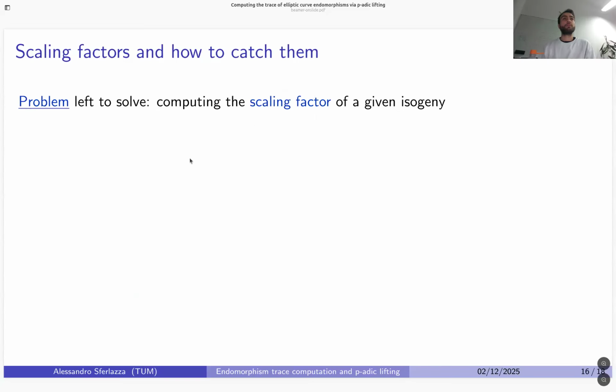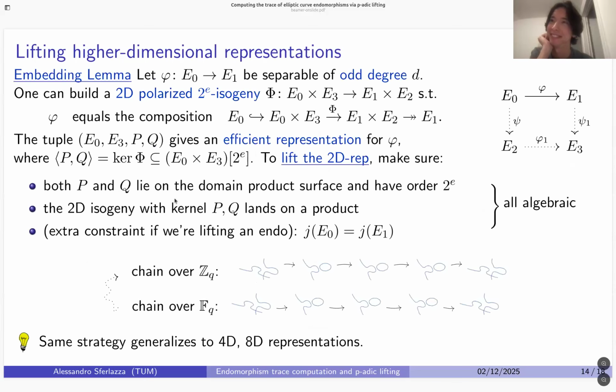For an HD representation, the complexity ends up being O of E times K squared. So again, cubic, I'd say, in the logarithm of the degree. Right?